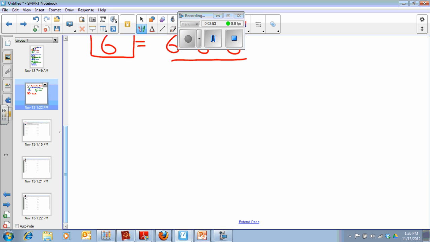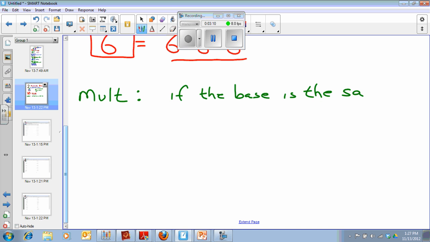And the first rule deals with multiplication. If you're multiplying exponents, the rule is this: if the base is the same, we're going to keep the base, and we're going to add the exponents.